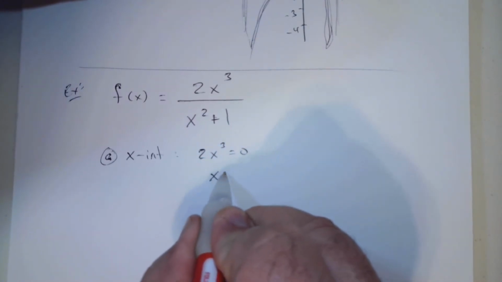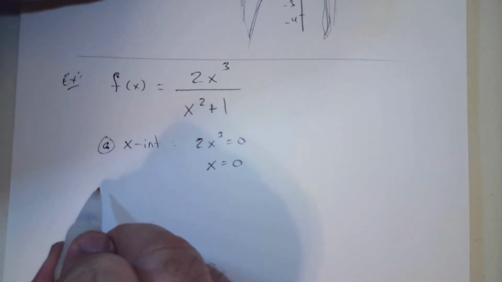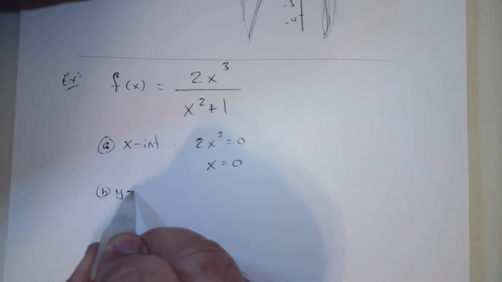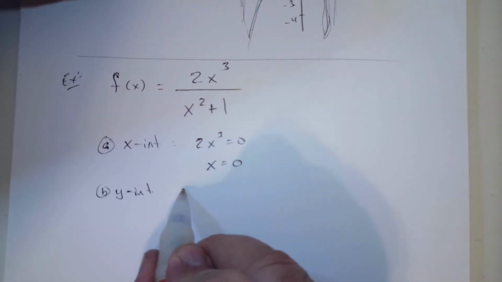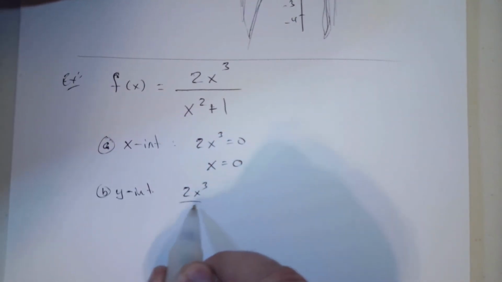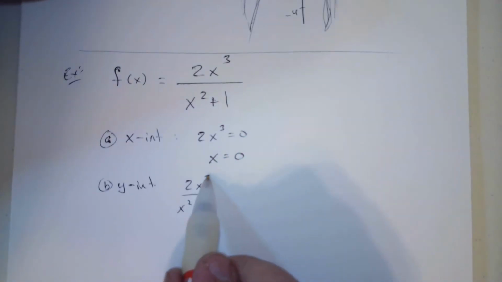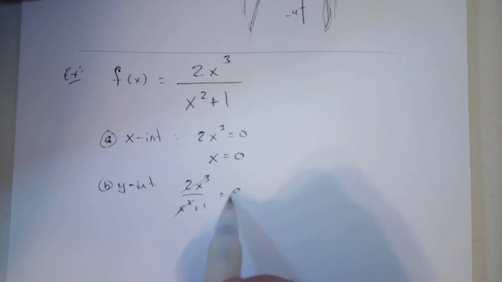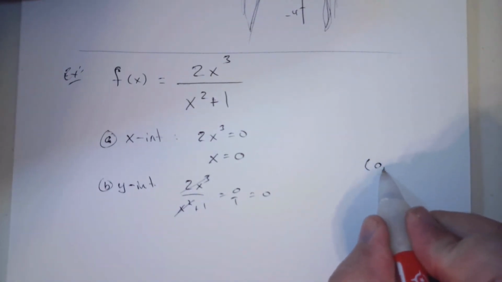So x is equal to 0. Look at the y-intercept. That's 0, so it's 0 over 1. So it crosses through the origin.